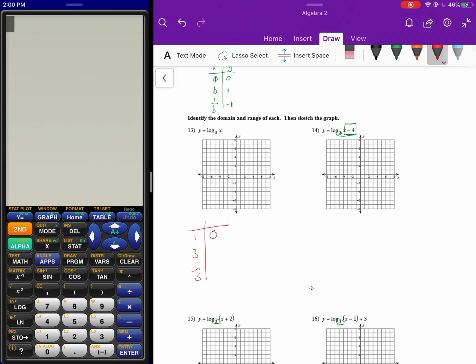The reason is, if we did log base 3 of 1, we think 3 to what power gives me 1, and 3 to the 0 power gives me 1. The next one, we're plugging in 3. 3 to what power gives us 3? It's 1. And I mentioned before, when you plug in the base, you'll get 1. And for the reciprocal, you'll get -1.